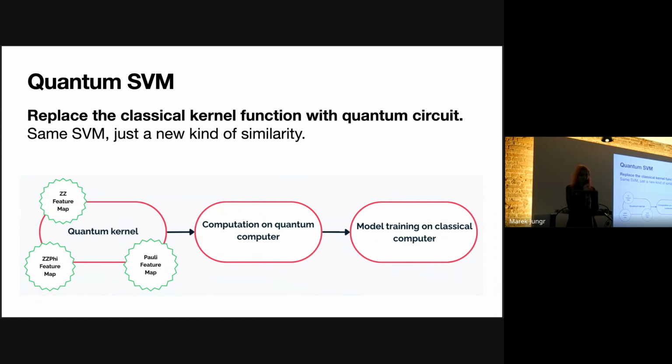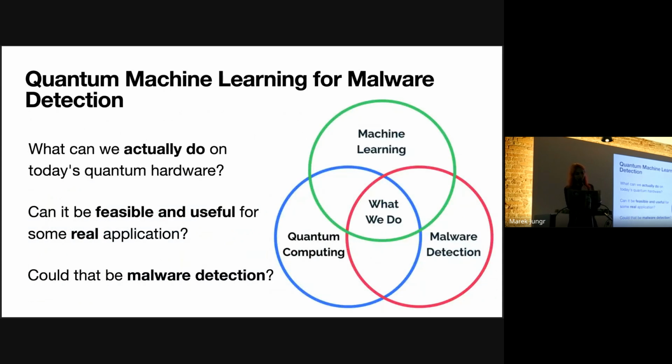Why bother with quantum SVM, or why am I talking about it? When I started working on this research topic, which is quantum machine learning for malware detection, one of my motivations was the question of what we can do on the quantum computing hardware we already have today.